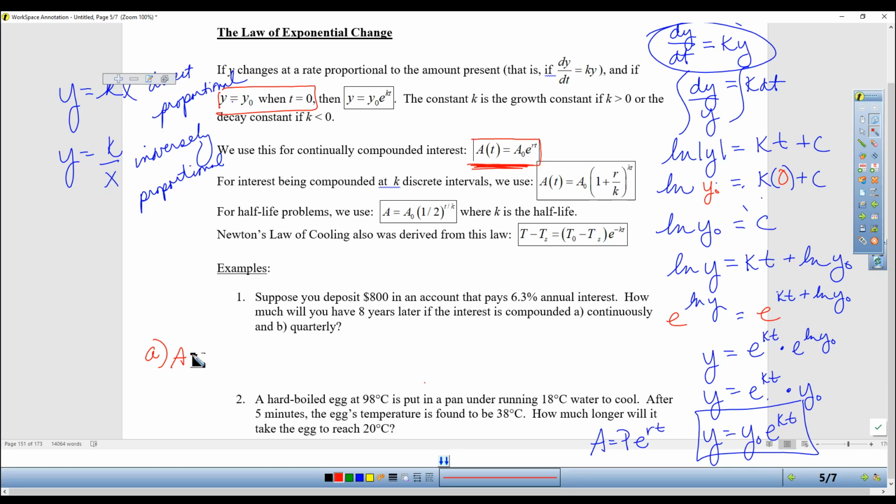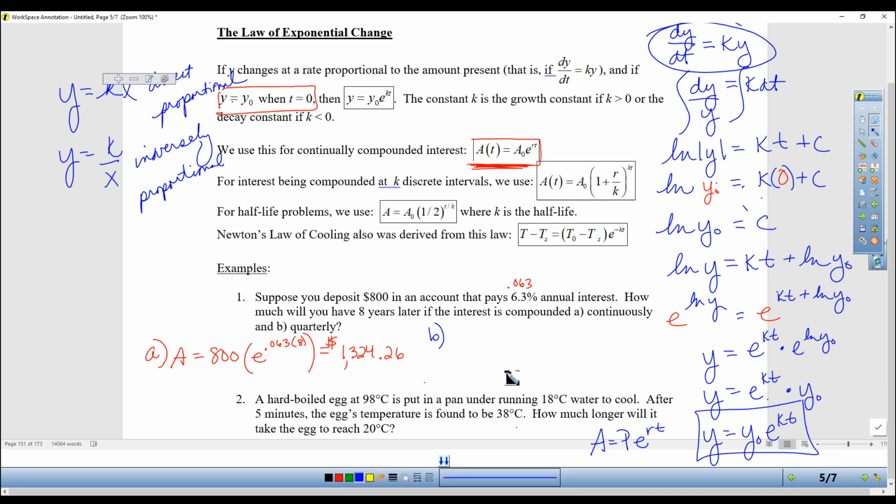So the amount that you'll have is the original amount, 800, times e to the r, the rate, remember to change it to a decimal, 0.063 after 8 years. And that will come out to be $1,324.26. The dollar sign goes on the left. Don't forget your comma.